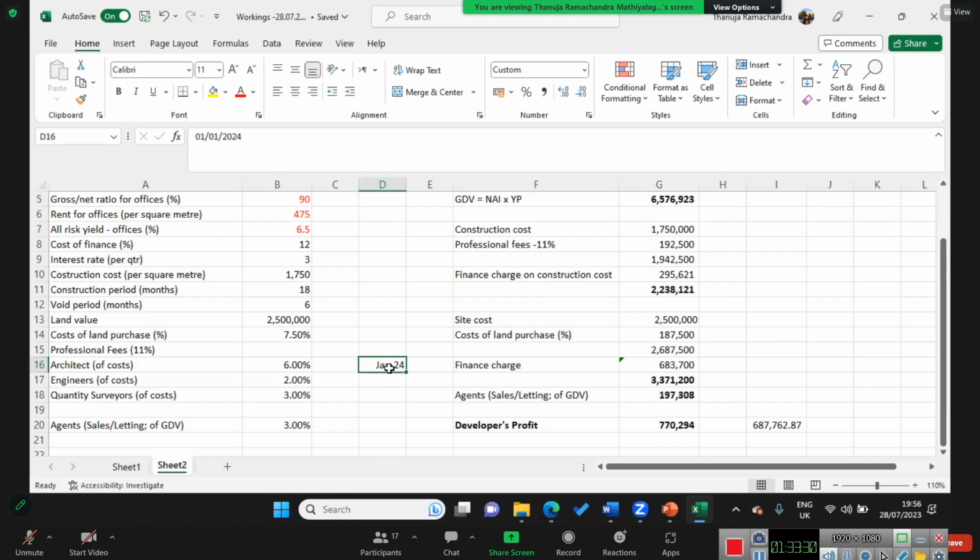Engineers may be at a different time period. They can be overlapping at the same time as the architect period. Engineers can also be there, but their service can be extended, right? And the quantity surveyors, again, may not be involved at the same time as the architect gets employed.